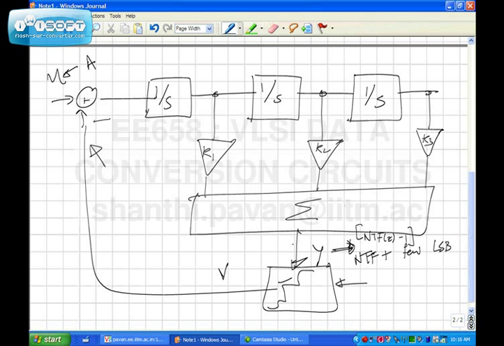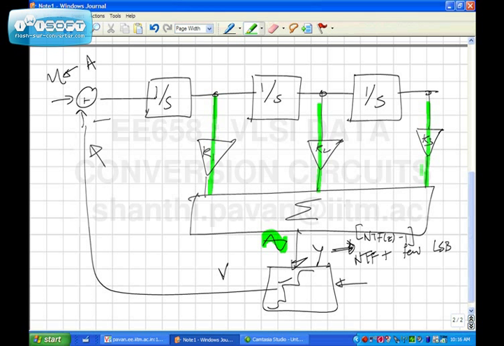Now let's think carefully. If this is nothing but a summer, what is the signal component here? The low frequency component is a sinusoid of amplitude A. The signal component of the sum has an amplitude A, and that must be coming from the signal components through branch K1, through branch K2, and through branch K3.